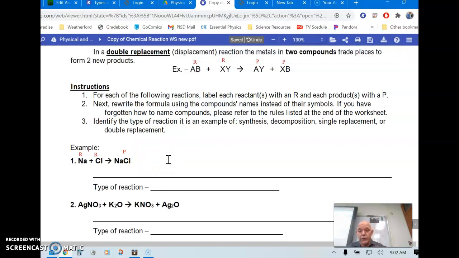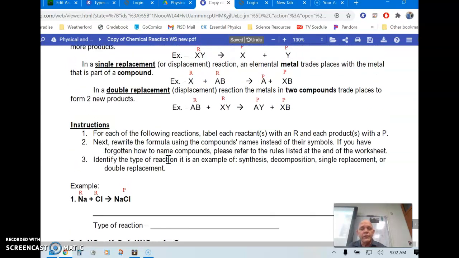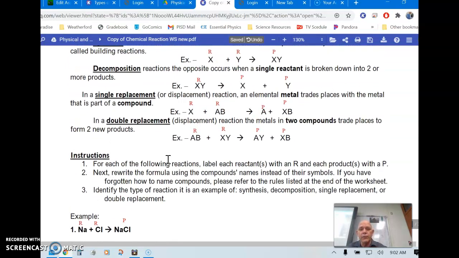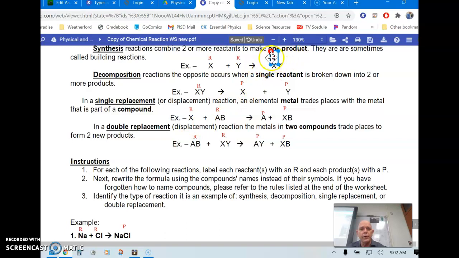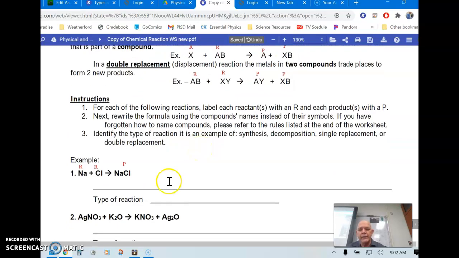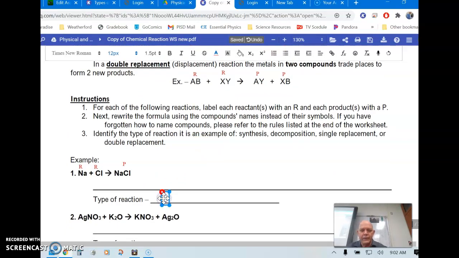So first of all, we can determine the type of reaction. Well, we have one product. The only way you can have one product is if they're combining. So we can say right off the bat that the reaction type is synthesis. Now, the next part is naming them, but we'll come back to that in a minute.